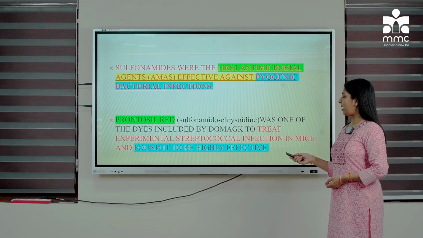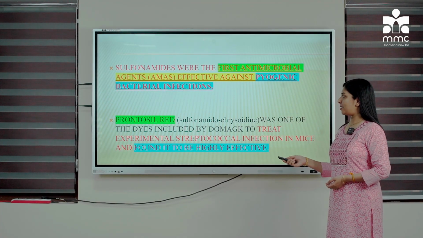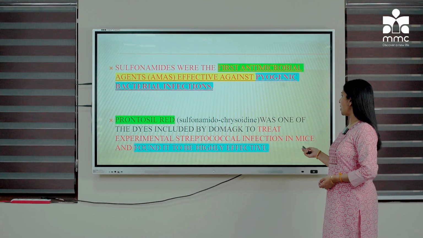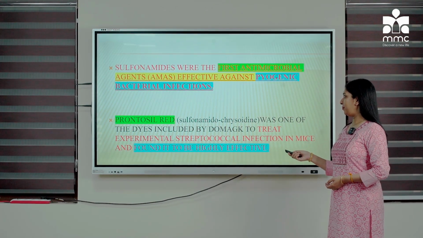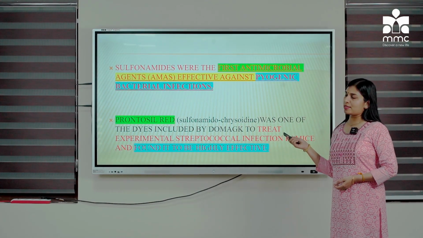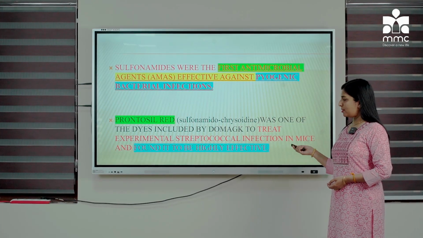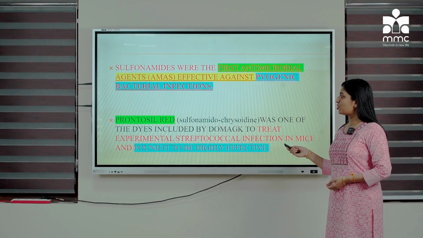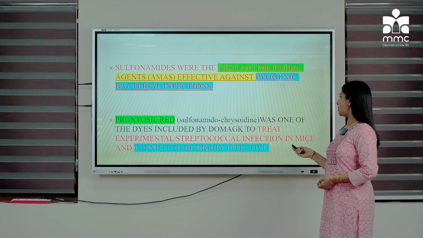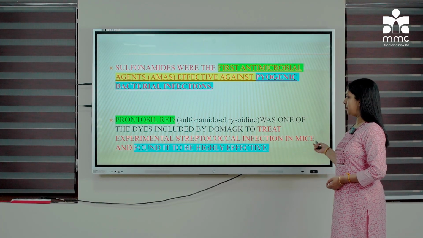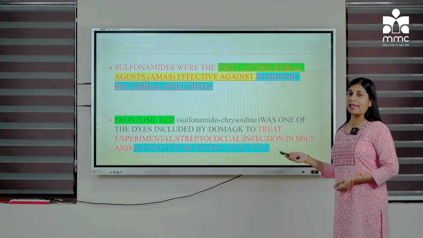Here what we have to notice is the dye, that is prontosil. This was once used as a dye by Domagk, a German scientist, and he used it in experimental streptococcal infection in mice, and it was found to be highly effective.